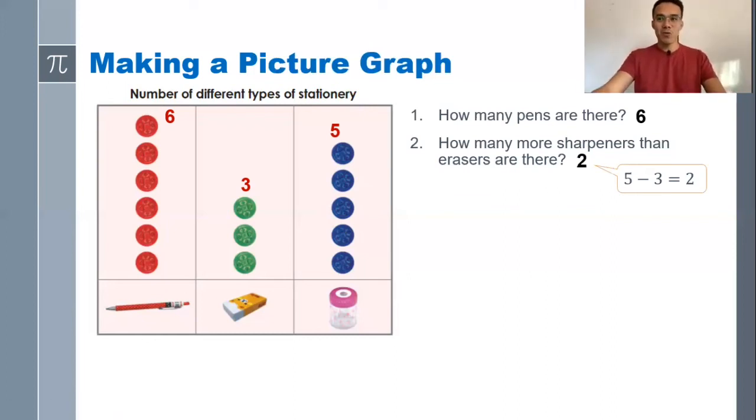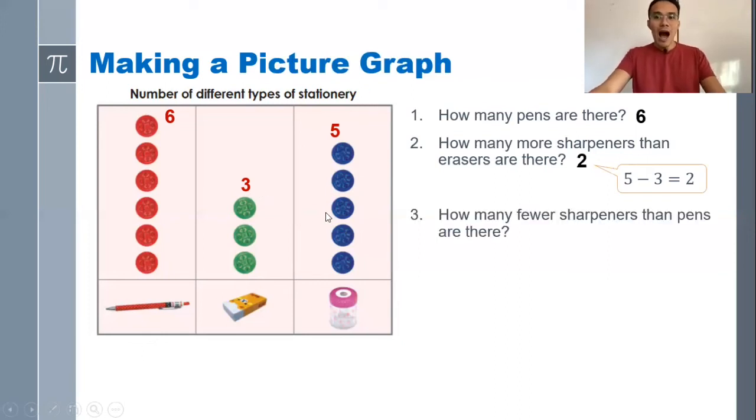Let's move on to question number 3. How many fewer sharpeners than pens are there? Fewer than. We are still comparing. Comparing what? We are comparing the number of sharpeners and the number of pens.